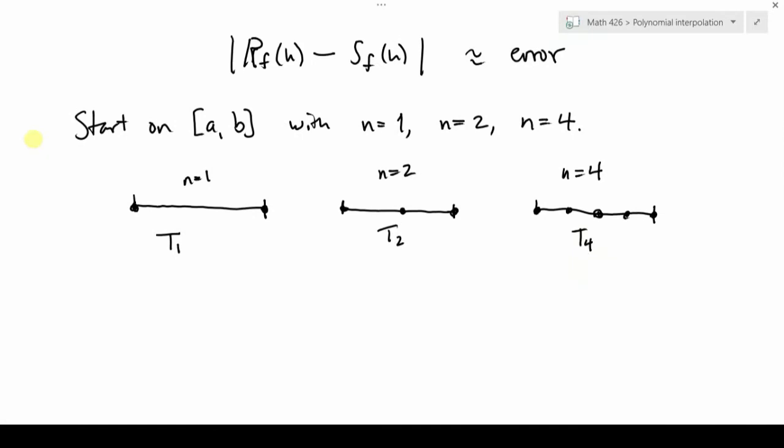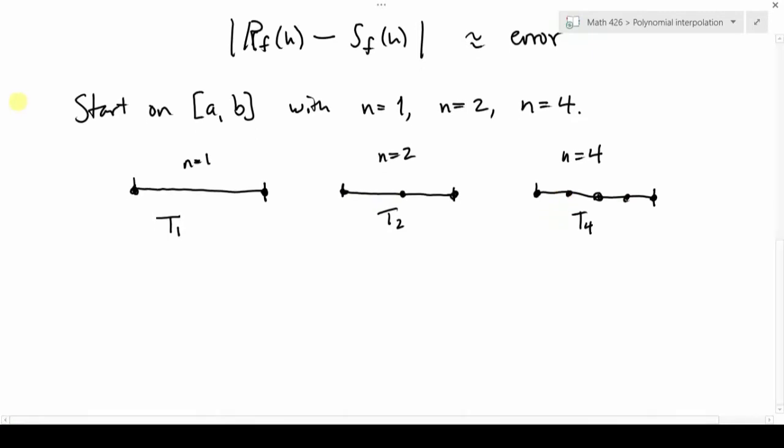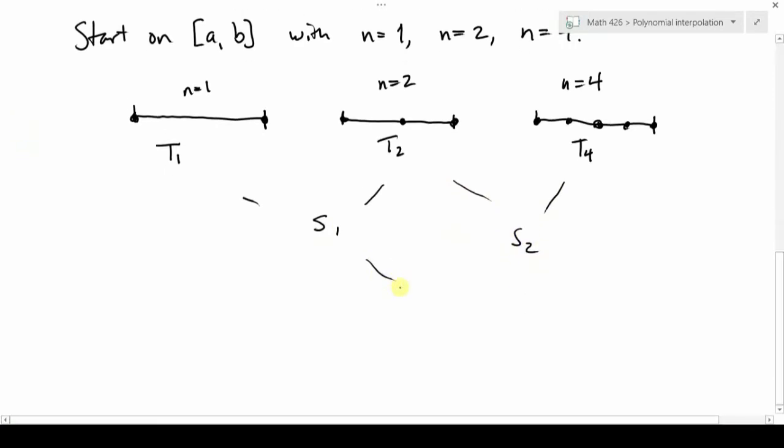All right, only 5 different evaluations of f, because the 1 case shares 2 of its nodes with the 2 case, and the 2 case shares all 3 of its nodes with the 4 case. So there are only 5 evaluations needed. Okay, so we use those to generate S values, and then we use those to generate an R value.